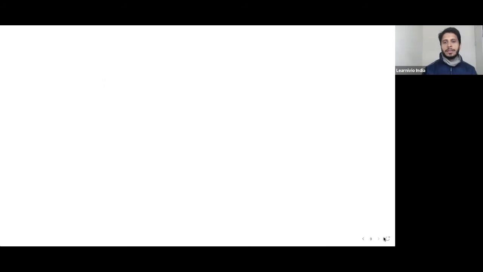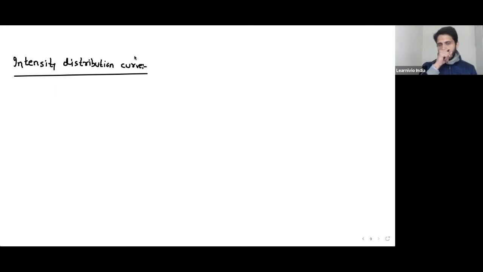After this numerical, the next topic is the intensity distribution curve. I basically need a graph which represents intensity and path difference.